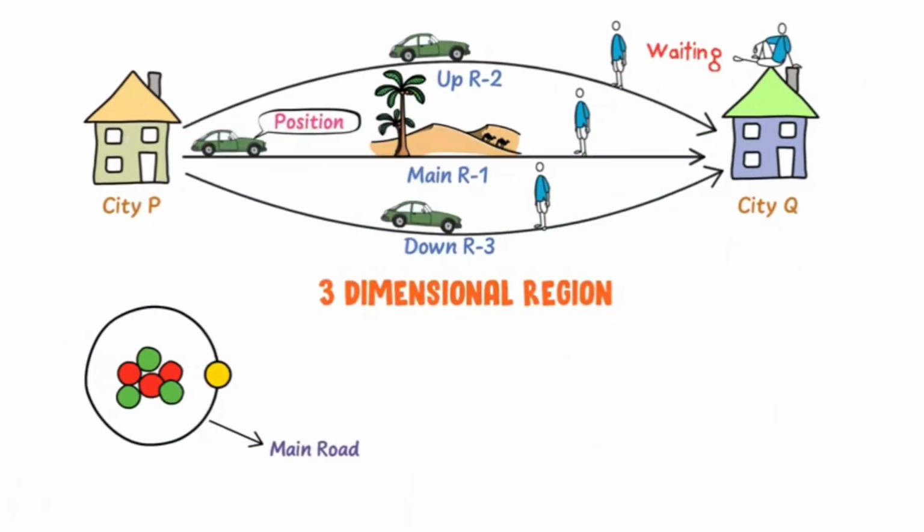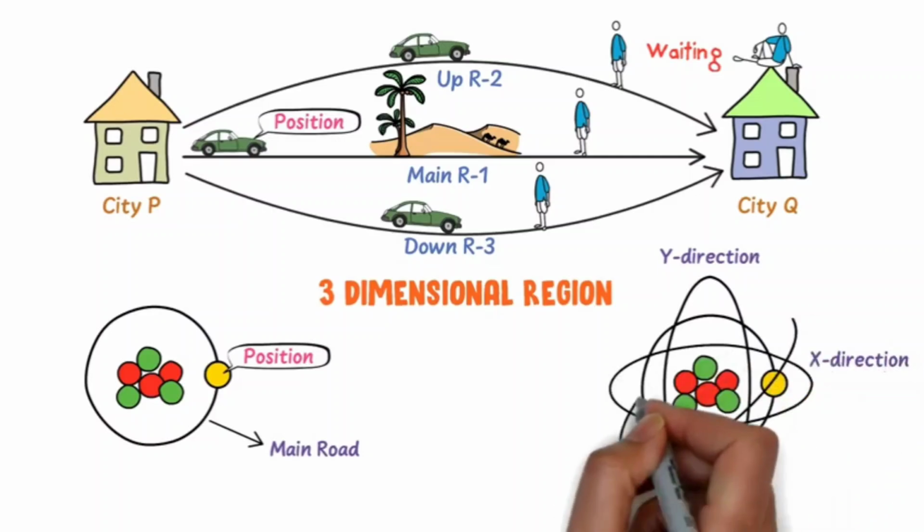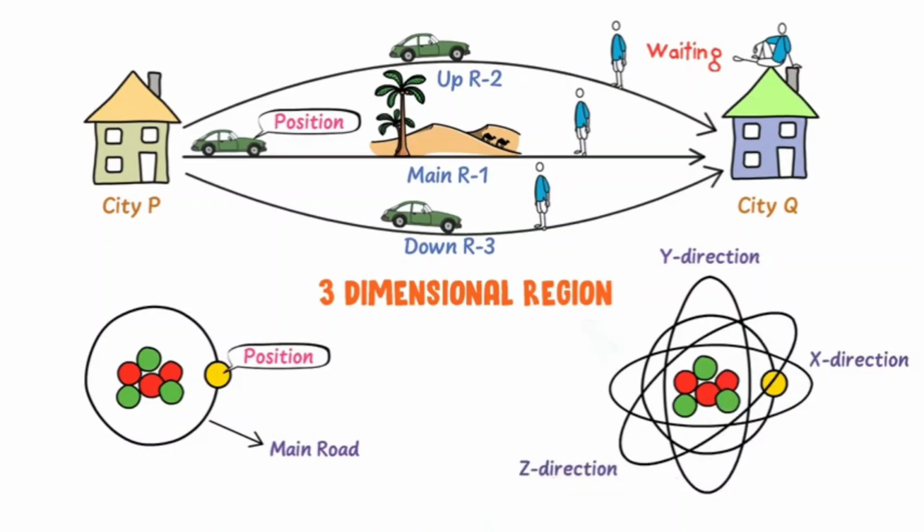Similarly, if you want to find the position or location of an electron around the nucleus, then it may be revolving in this direction or y direction, or it may be revolving in this direction or x direction, or it may be revolving in this direction or z direction.